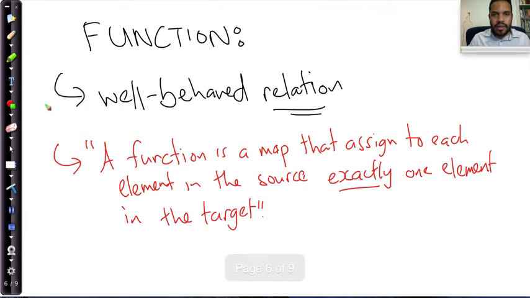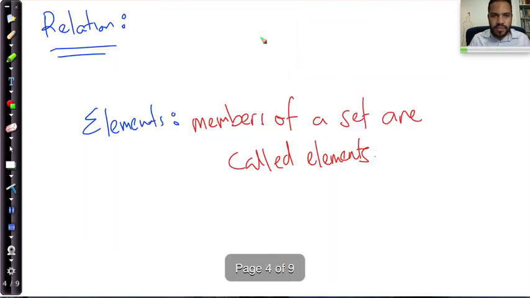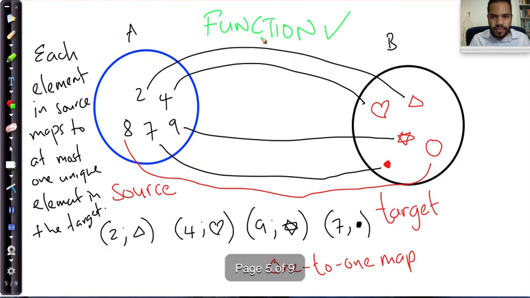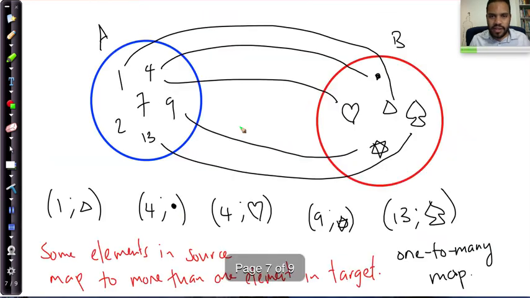Okay. Then if we look at this one over here, everything over here maps to exactly one element in the target. What about this one over here? Do these things over here go to exactly one element in the target? 1 goes to one thing. What about 9? Yes, it goes to one element. What about 13? It also maps to one element. But what about 4?